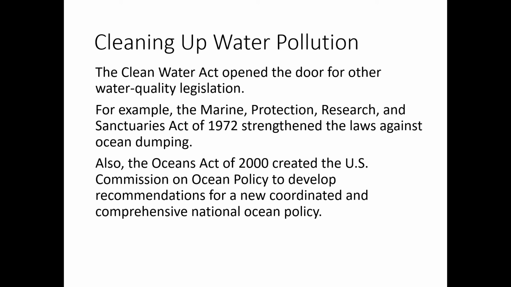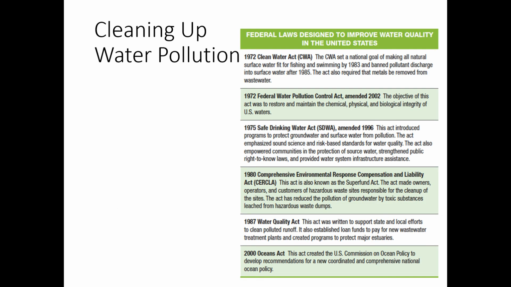If I go to the next slide, this is just a summary of all the different laws. I'm not going to read each one of them to you, but I would read them on your own, just so you have an idea of the different kinds of legislation that's being passed. Things that are limiting pollution of groundwater, and then pollution of oceans.